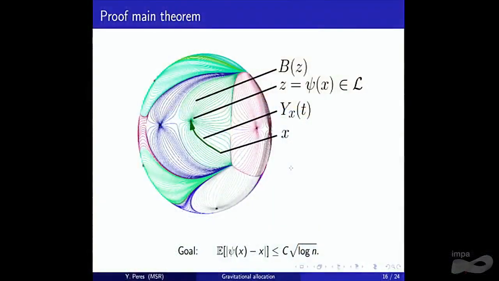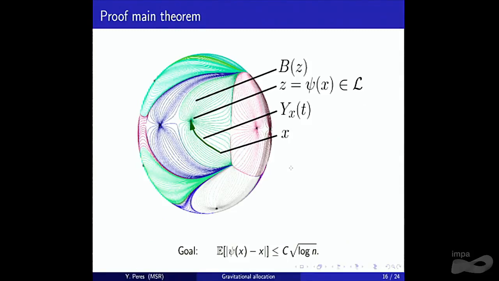So in the remaining time, which is what, 12 minutes, 15 minutes, I want to sketch for you the reason for the main theorem of root log n, and tell you another surprising thing about the time to get absorbed. Okay, maybe I'll say this last thing first.